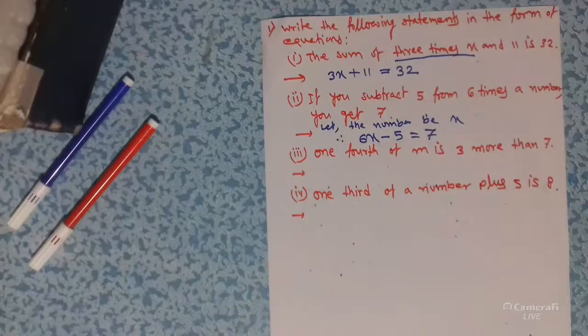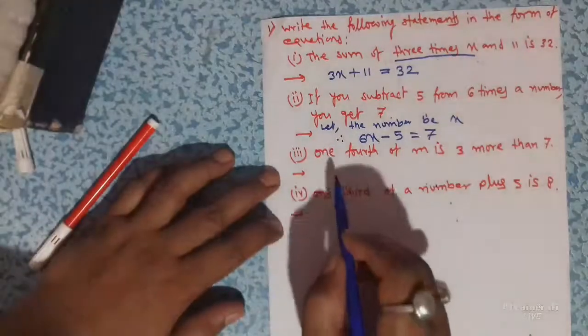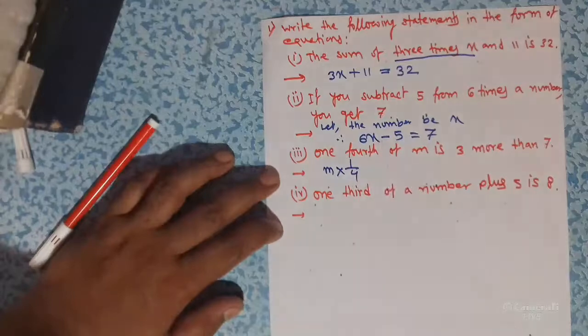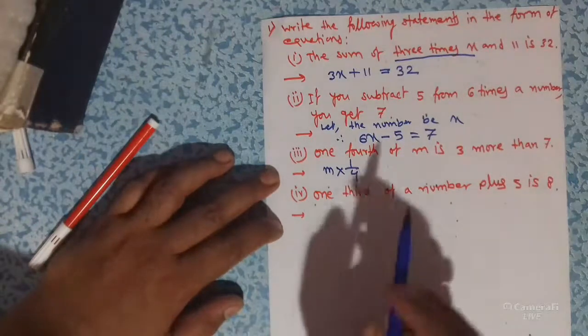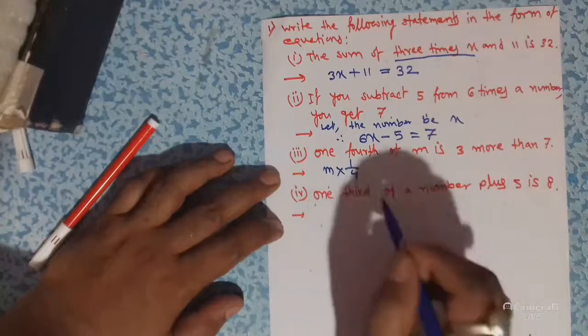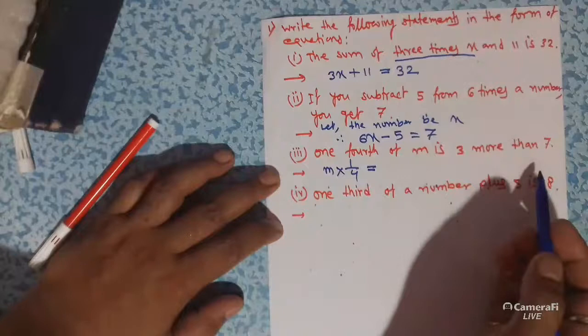1/4 of m is 3 more than 7. So 1/4 of m means m multiplied by 1 by 4, is equal to 3 more than 7.